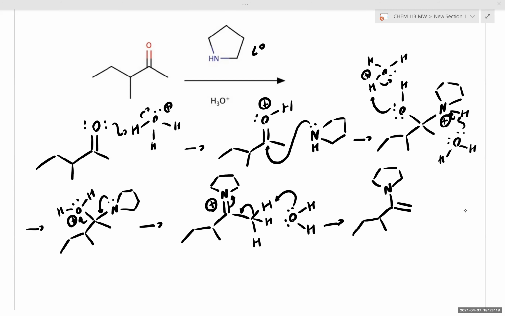So, with that said, we were able to predict the product from this reaction, and we're able to show quite clearly that when we have a secondary amine under acidic conditions, they react specifically with ketones and aldehydes to yield enamines rather than imines. Any questions on these examples?